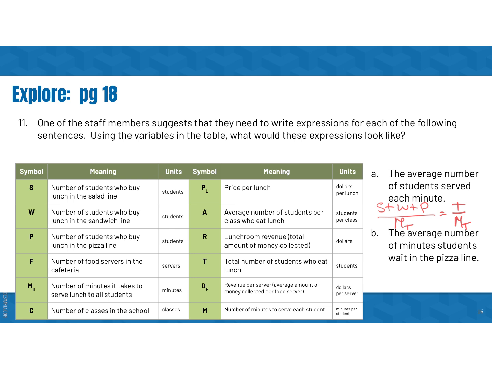And B was the average number of minutes students wait in the pizza line. So we have students in the pizza line, that's P. And how long it takes for them to wait in the line. Which one is waiting in the line, or the number of minutes to serve those?